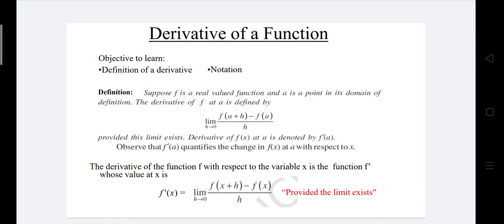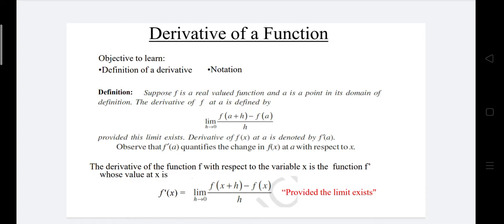We will discuss the notation in the future, but here we can denote the derivative of a function f as f dash. So f dash a signifies how the function is changing. If a function is continuous, what will be the change? That will be the derivative of the function.